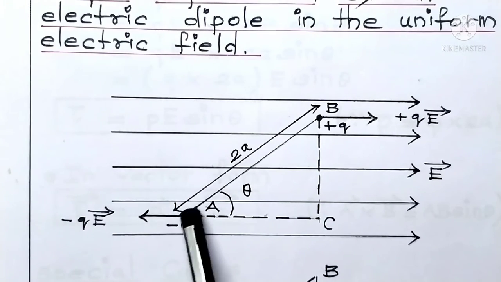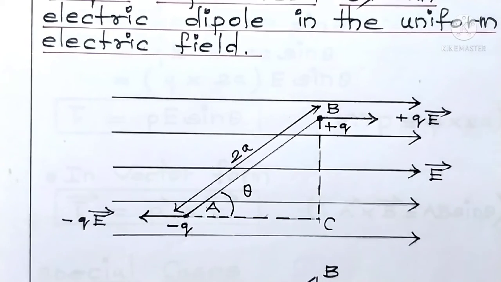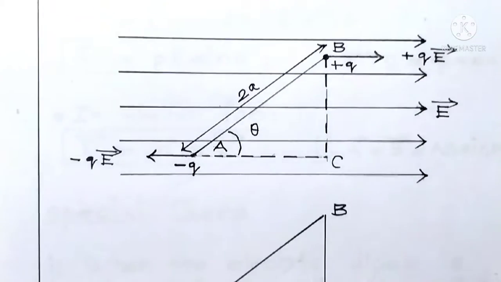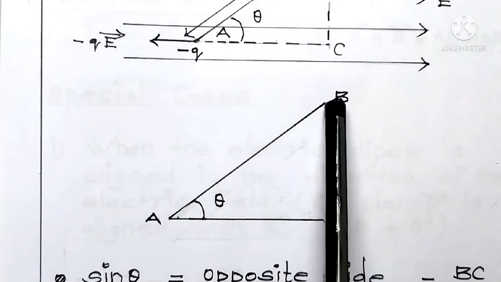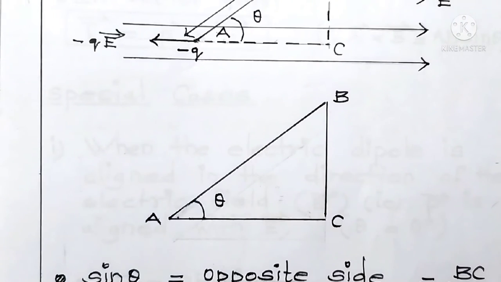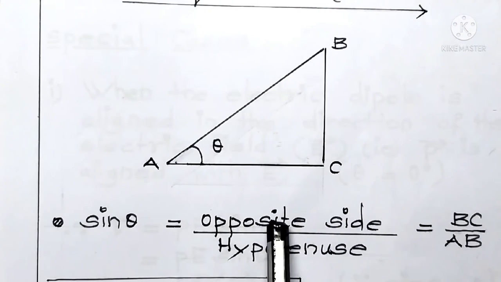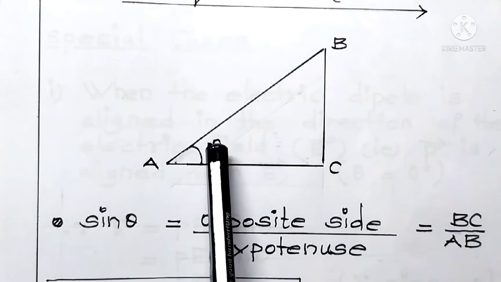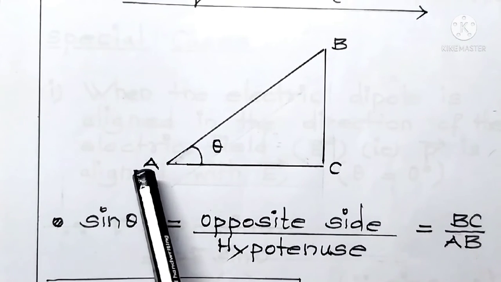Now, here you can see a right angle triangle. This right angle triangle is drawn separately. ABC is a right angle triangle and here comes the theta angle. So let us find out sine theta, which is nothing but opposite side by hypotenuse, which is BC, the side opposite to this theta, and the hypotenuse, the longest side of this triangle, is AB.